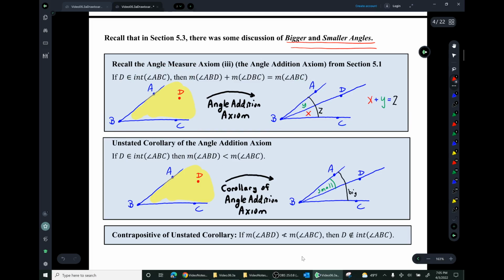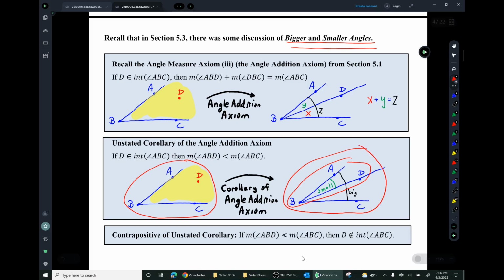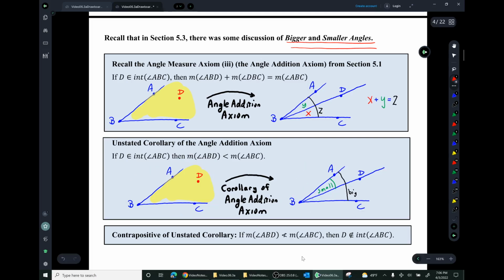Well, there's a corollary that's not stated as a corollary in the book, but it's an immediate corollary. It says this: if you have a point in the interior of an angle, then one of those angles on the inside has a smaller measure than the measure of the outer angle. And that comes from just looking at this equation. In this equation, the green x, the red x, the green y, and the black z are all positive quantities.